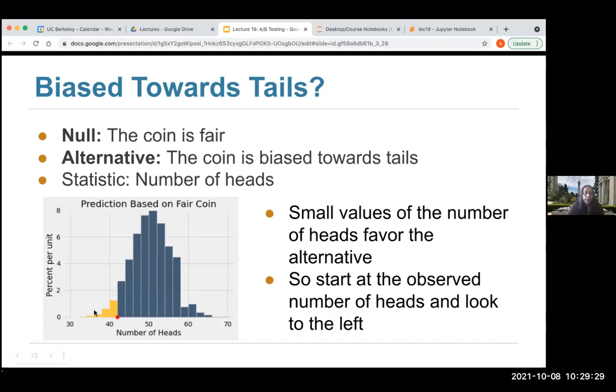The blue histogram, which actually includes this yellow tail as well, that entire histogram is a prediction by the null hypothesis. The red point is the observed data. The question is, what's the yellow?